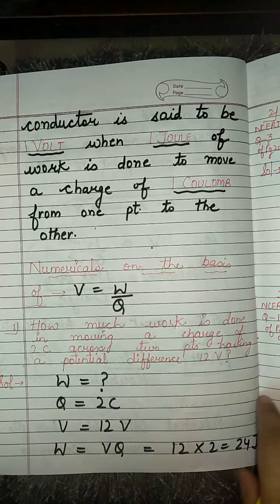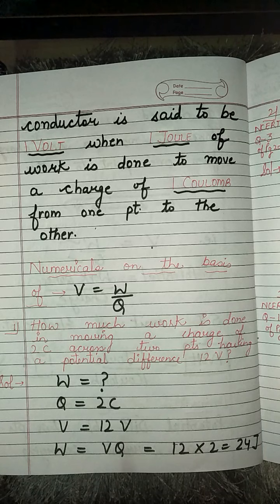Simple. So the amount of work done by 1 coulomb of charge is your 1 volt.